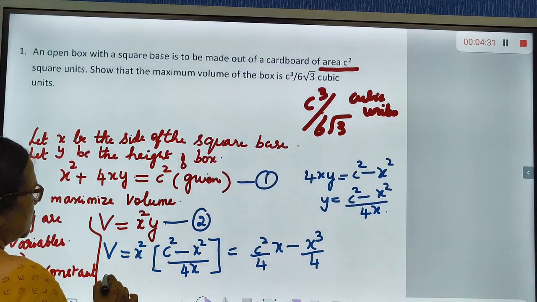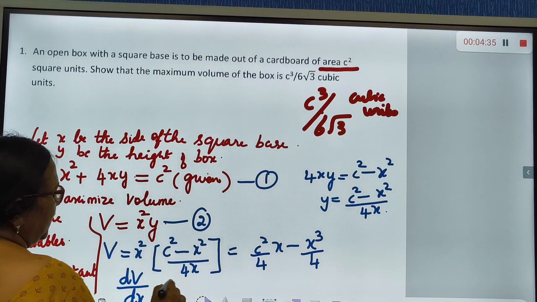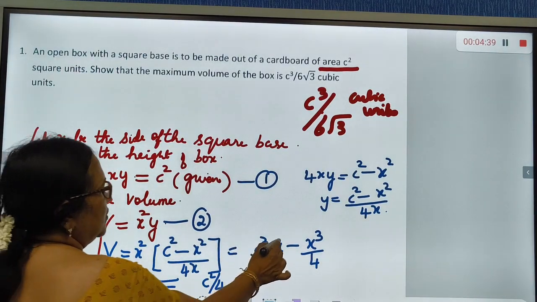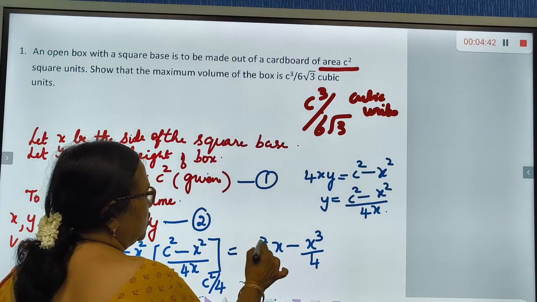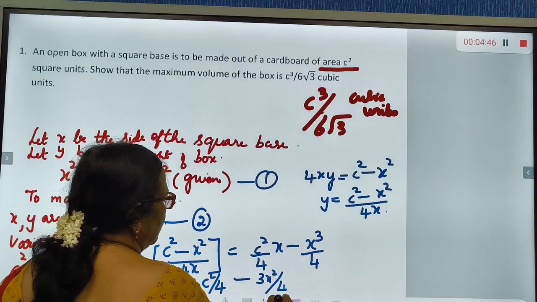This is V. So now what is dV by dx? dV by dx will be c square by 4. The derivative of ax is a, so c square by 4 minus 3x square by 4.